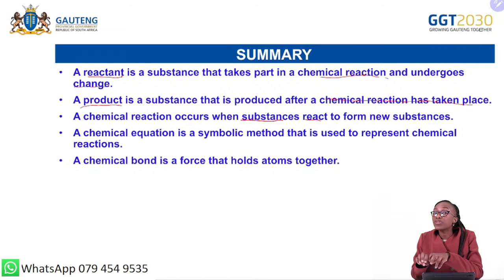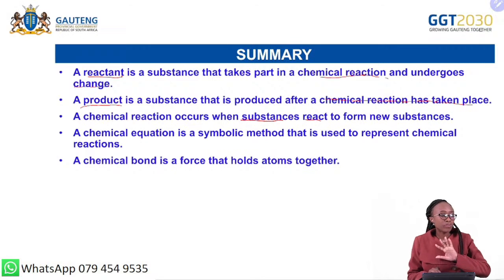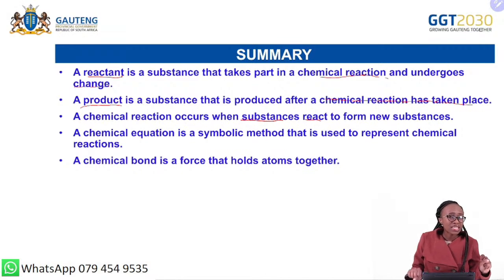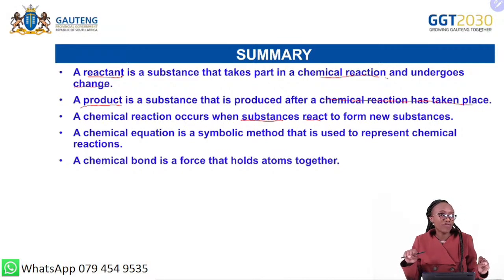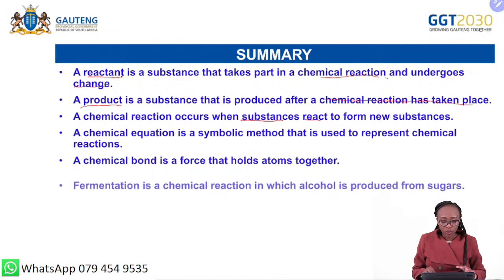New bonds form between different atoms of elements or compounds. So knowing about chemical bonds is very important, because during a chemical reaction there is breaking of bonds in the reactants and formation of new bonds to give us the new substances, which is our product.